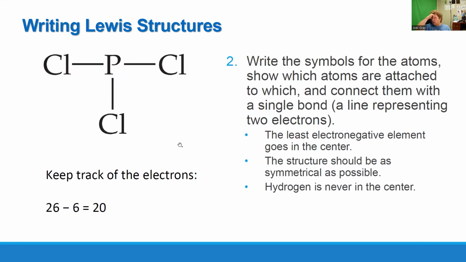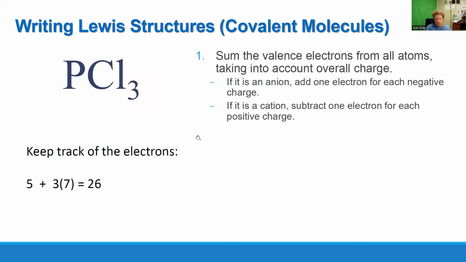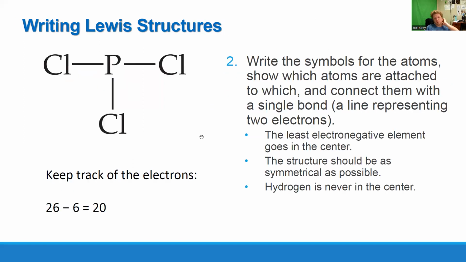Now, if we wanted to draw that molecule, to convert from this molecular formula to the structural formula, what we've got to do is figure out which element is attached to which element. Now, the least electronegative element, which we haven't talked about electronegativity quite yet, but the one that is farthest to the left on the periodic table is generally going to be the one that's in the center.